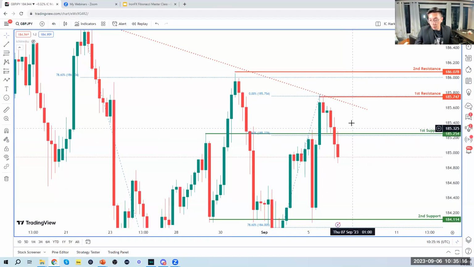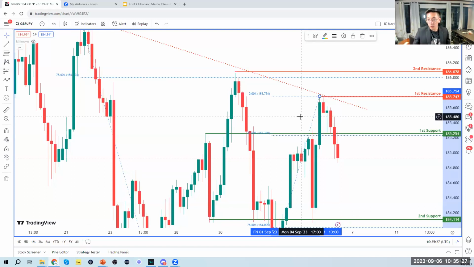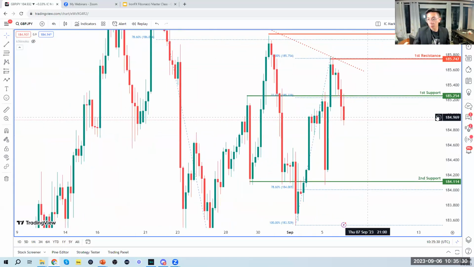All right, you can see price has really broken this 23.6% Fib retracement. Then price could come down to a level. Let me try and draw it.